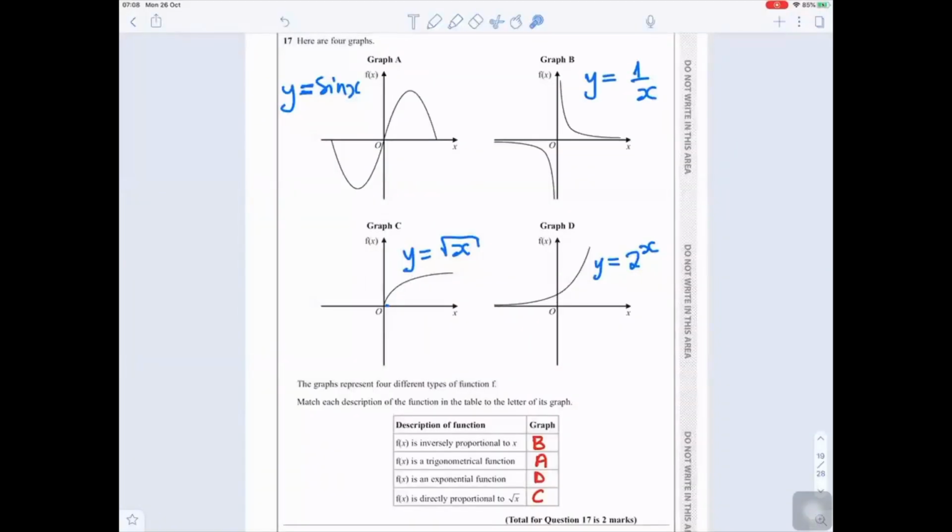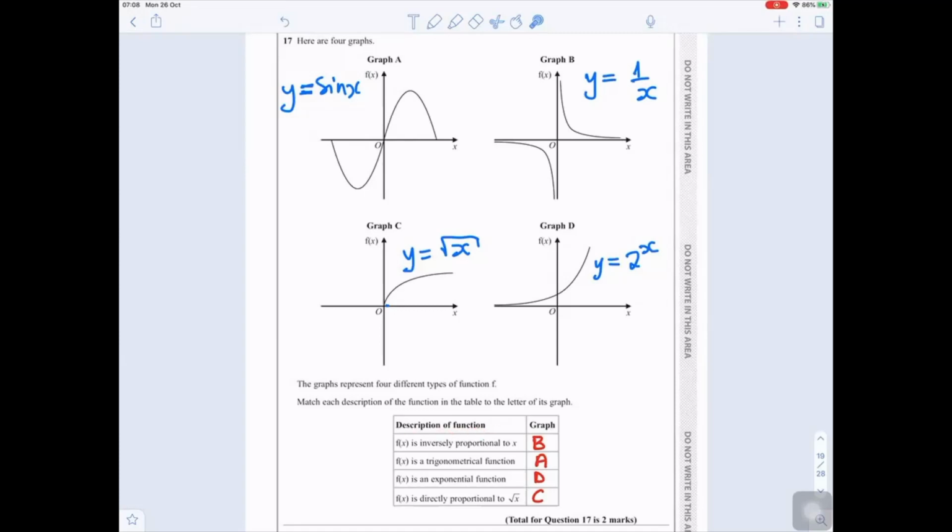Question number 17. Here are 4 graphs: graph A, graph B, graph C, graph D. The graphs represent 4 different types of function f. Match each description of the function in the table to the letter of its graph.